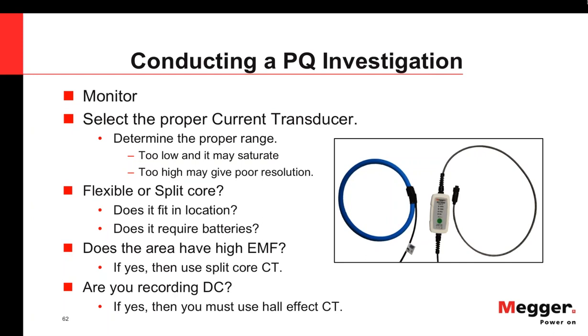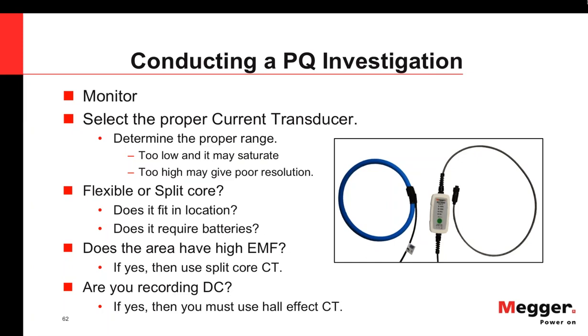Okay? Take your environment into account when you're doing a test. Verify the instrument you're using is rated for that temperature, moisture, and humidity levels. Also, we want to make sure we select the proper current transducer and that we have it in the proper range.